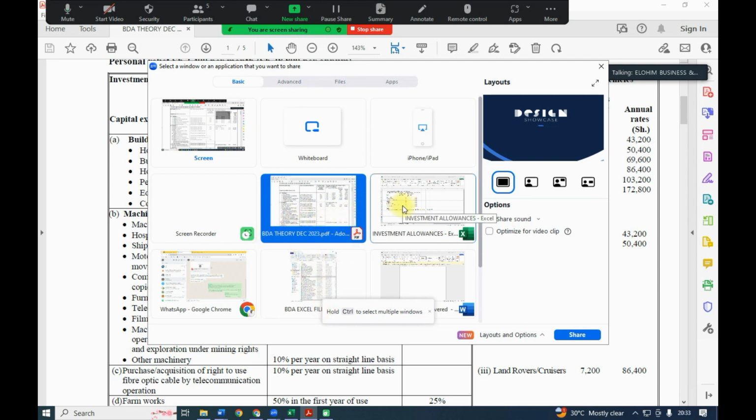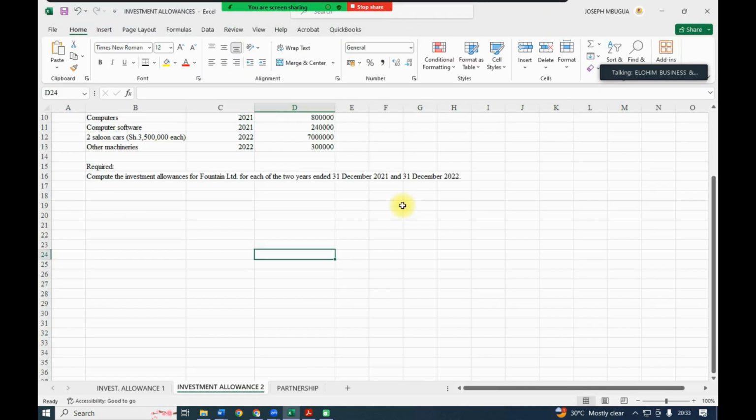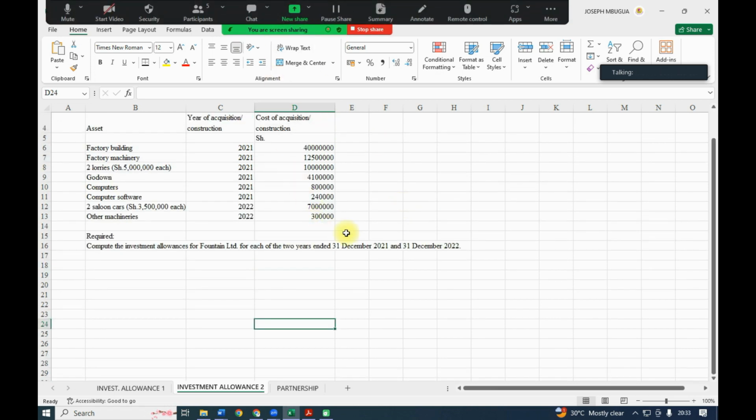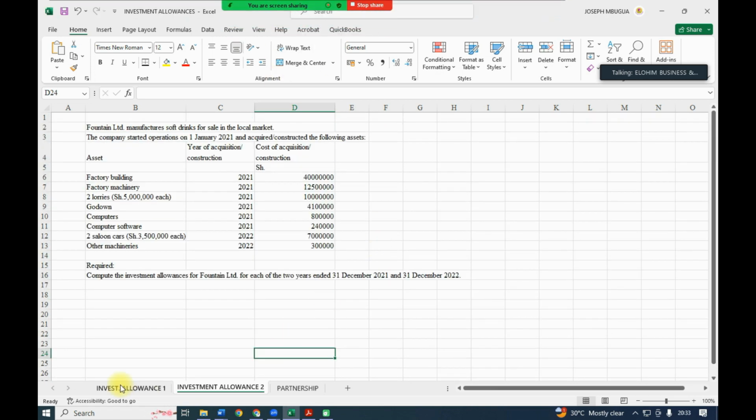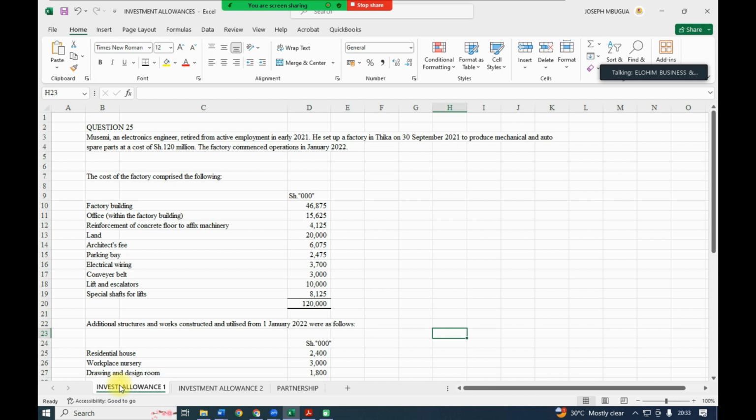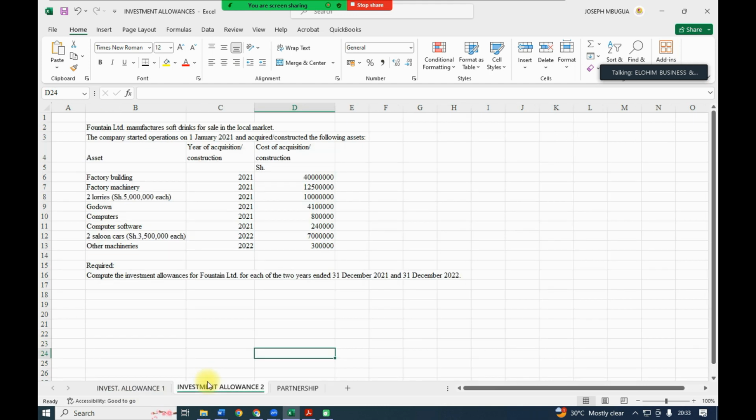Let me share an example. So we have a small example here. We have two questions only. I've included the question from the last sitting that was tested, and I've included a new question, just a simple question to start with for the investment allowance. Currently we are at investment allowance 2 in that particular workbook.